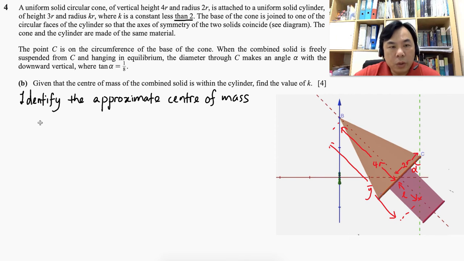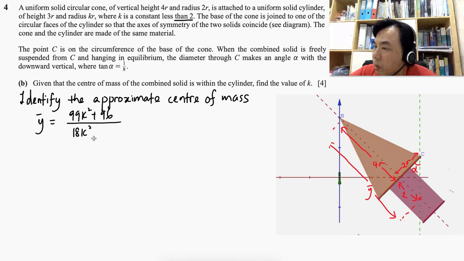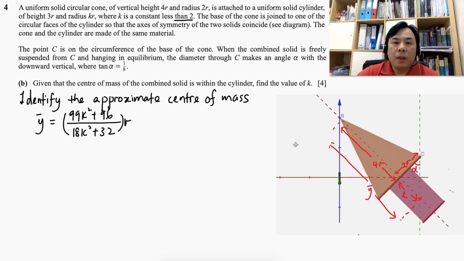Now, we know that the one that we have obtained is y bar equal to 99k square plus 96 divided by 18k square, is it 18k square? Yeah, correct, plus 32 r. Okay, so let's make one assumption there.